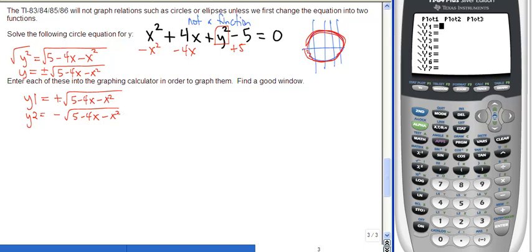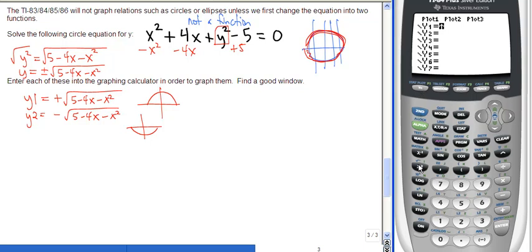And you can see that if you individually just did one half of a circle, for example, just the top half, that is a function. And if I just graphed the bottom half, that is a function. It's when we put them together that it no longer becomes a function. So we're going to need to type in these two equations. So here's how we're going to do that. I'm going to go to my y equals, and for the plus case, I can just type in square root. You don't even need to put that plus in front.